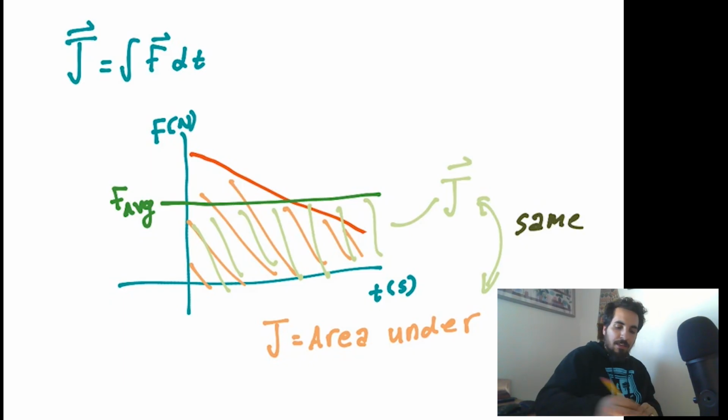So what we can say is that our impulse here is given by F average, the average force, multiplied by delta t.